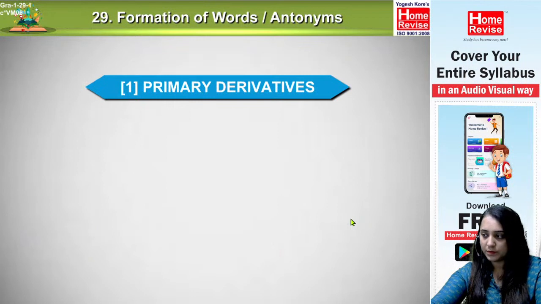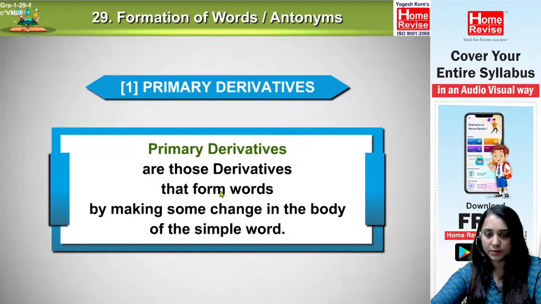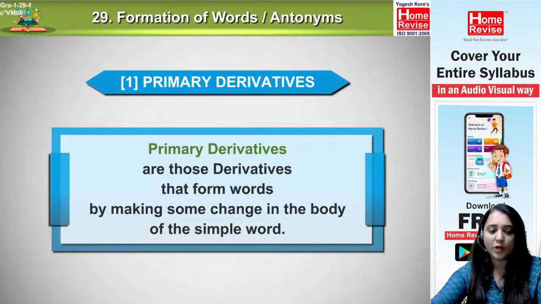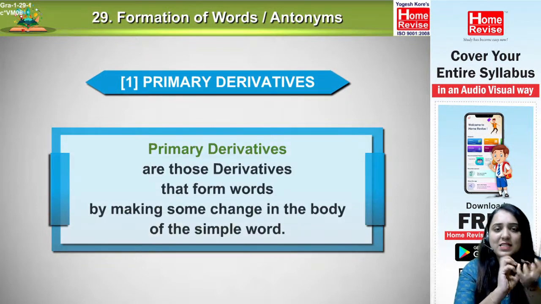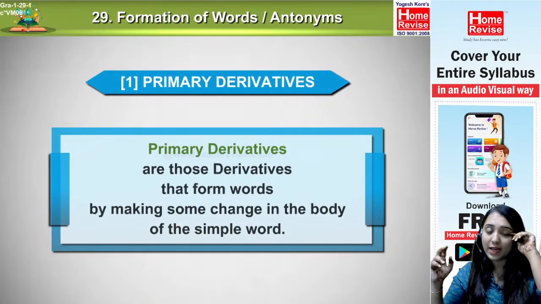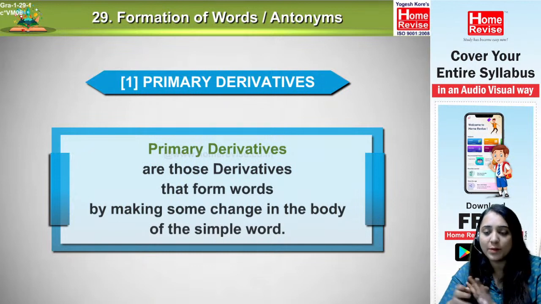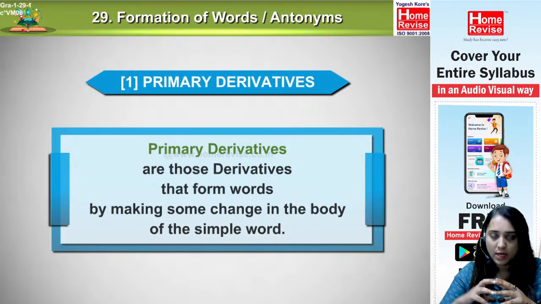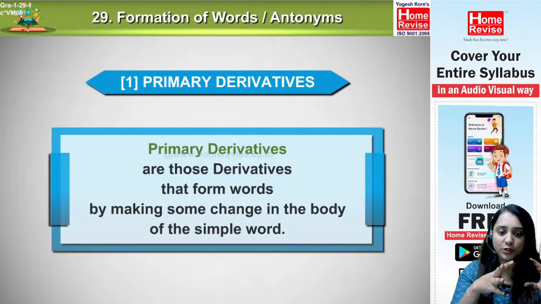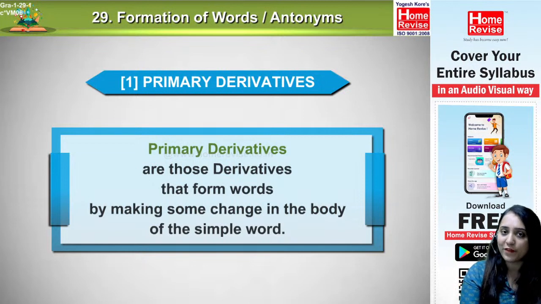1. Primary derivatives. Primary derivatives are those derivatives that form words by making some change in the body of the simple word. Yes, whatever word we have, if we make some changes to it, a new word can be formed. For example, if I say train, and if I add a de to it, like a kind of a prefix, it becomes detrain.